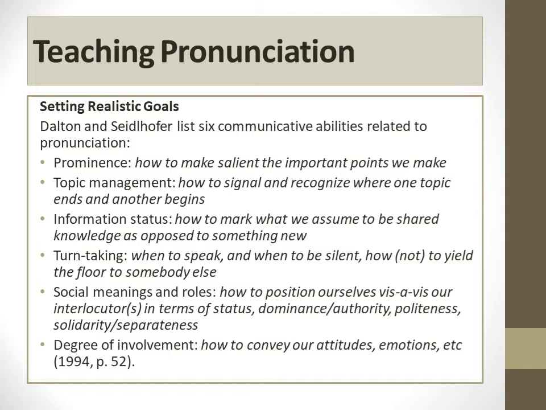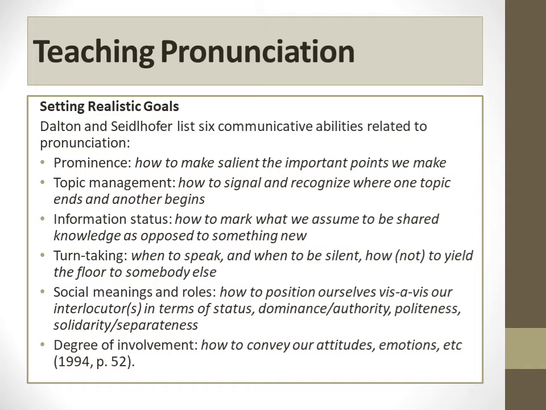Information status, how to mark what we assume to be shared knowledge as opposed to something new. 4. Turn taking, when to speak and when to be silent, how not to yield the floor to somebody else.